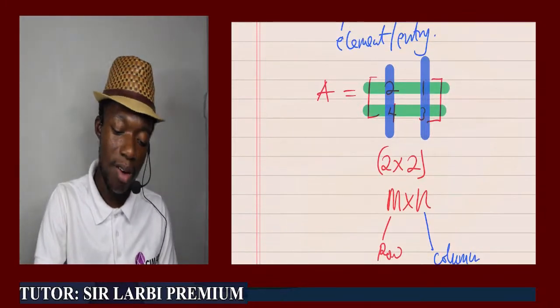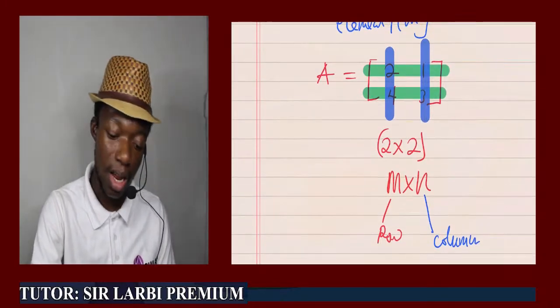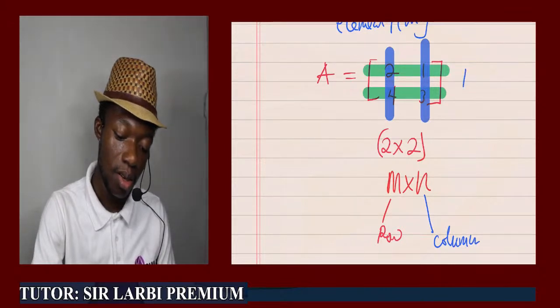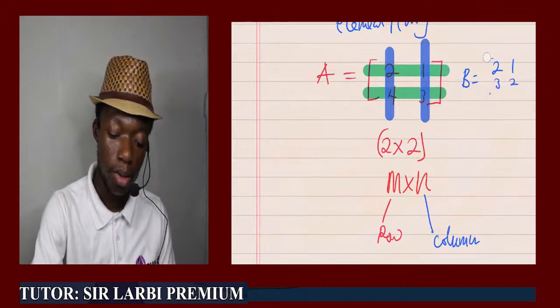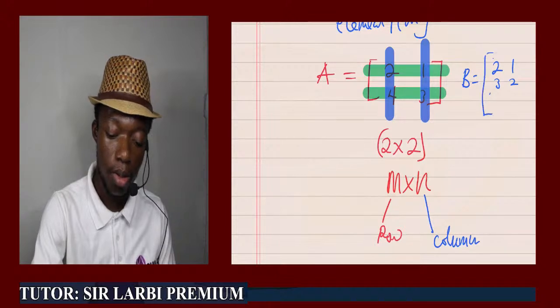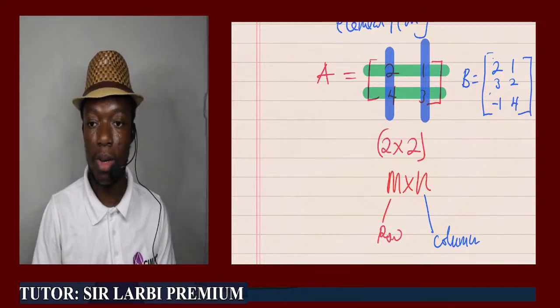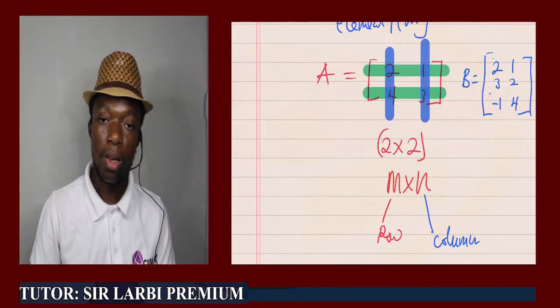So if I have a matrix of this form, let's say matrix B to be 2, 1, 3, 2, and let's say negative 1, 4. This is also a matrix because here we can determine the order.